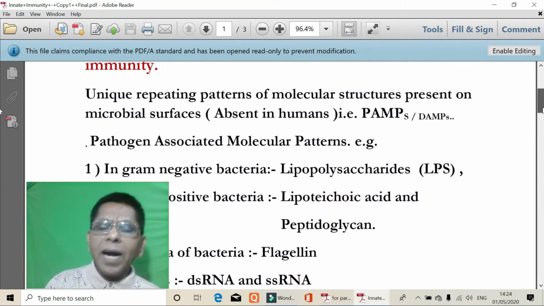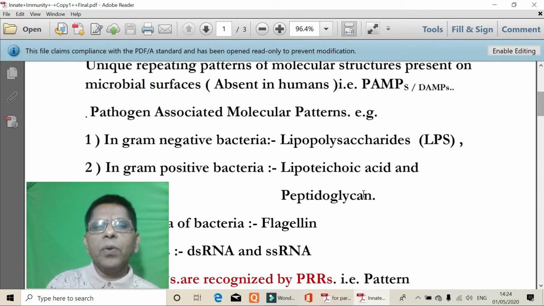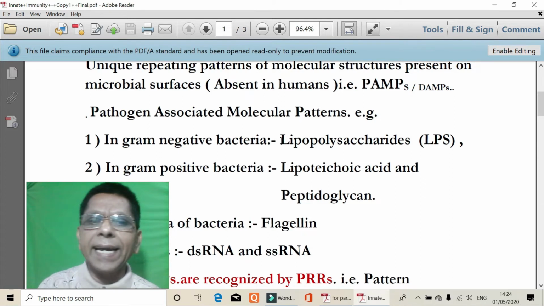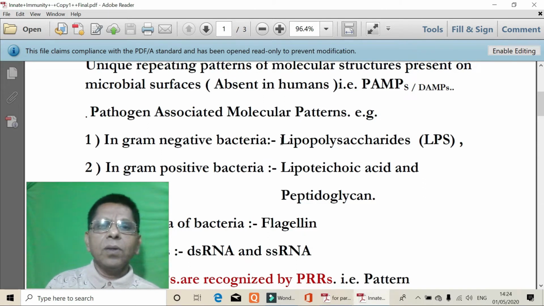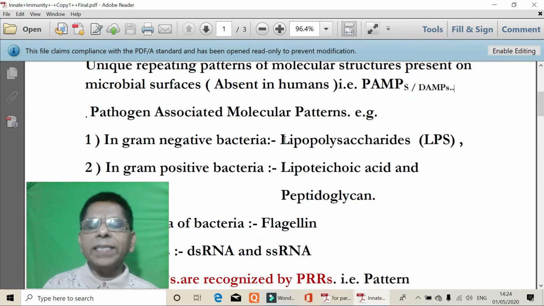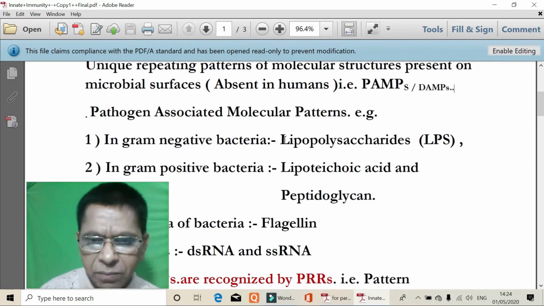Now, as I have already told you all, toll-like receptor number 4 identifies the lipopolysaccharides only, and this lipopolysaccharide is shared by a number of microorganisms.